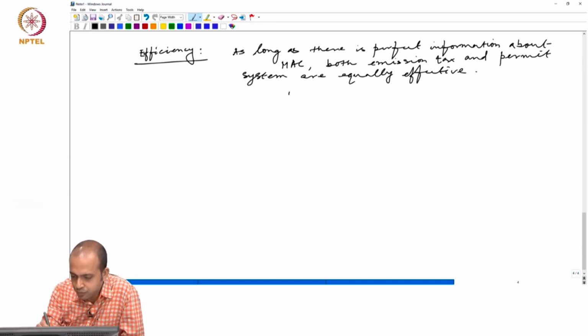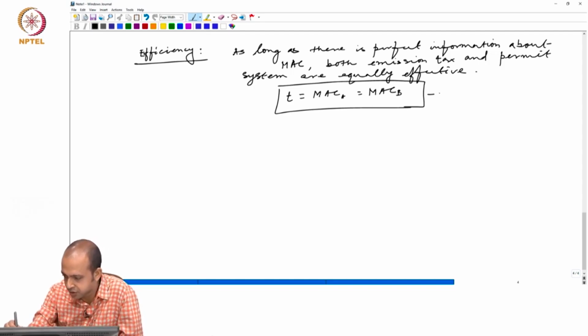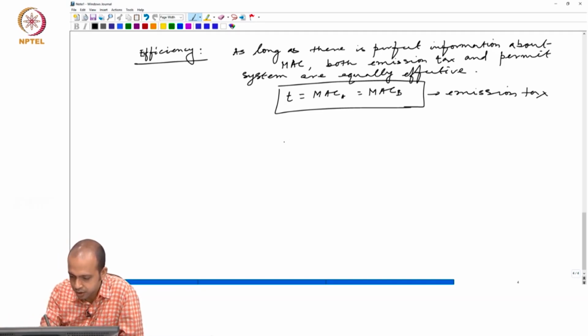And at the optimum, the condition is T equals marginal abatement cost. Let us say there are two firms, A and B. This is the optimality condition in case of emission tax, and this is in case of permit system.